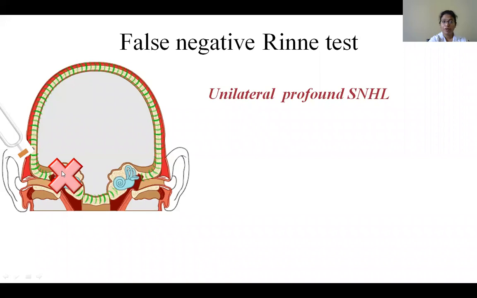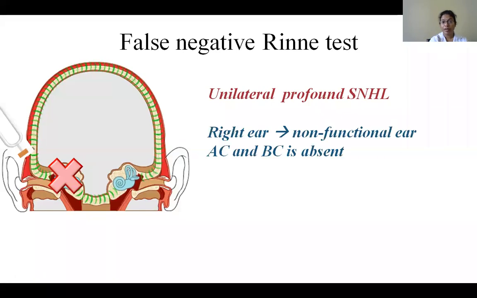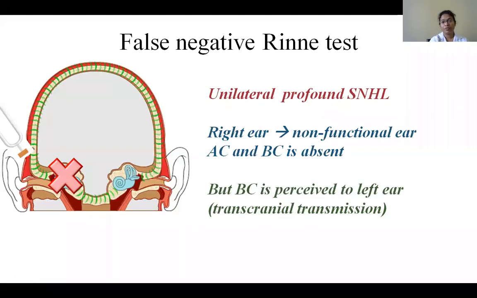But simultaneously the left cochlea is set into vibration. What is going to happen? Via transcranial conduction, the left cochlea is set into vibration, so the person will perceive that he is hearing sound. Actually, he should not be hearing, but he hears because of the transcranial transmission.